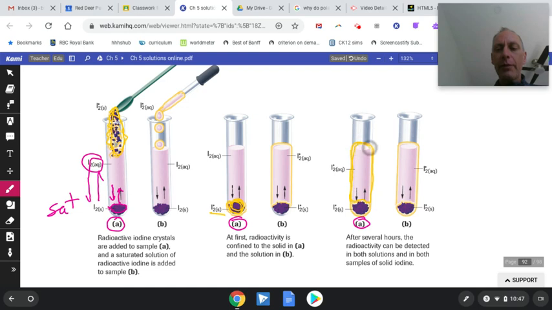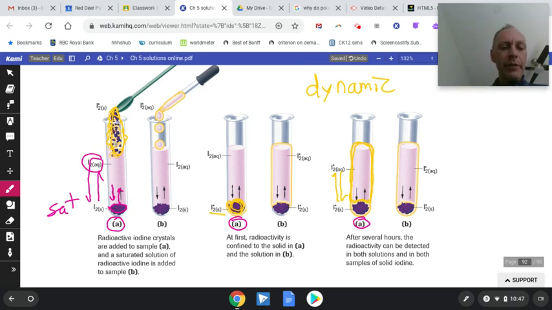How is it possible that the aqueous part became radioactive? Because of this. The solid became aqueous and the aqueous moved back to solid. So because it's dynamic or moving back and forth, we can see that evidence with the radioactivity. So the radioactive crystals show us that this equilibrium was dynamic, moving back and forth.